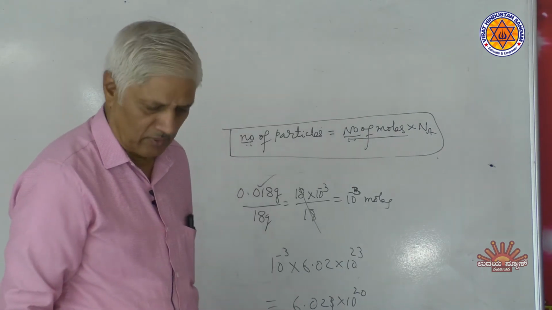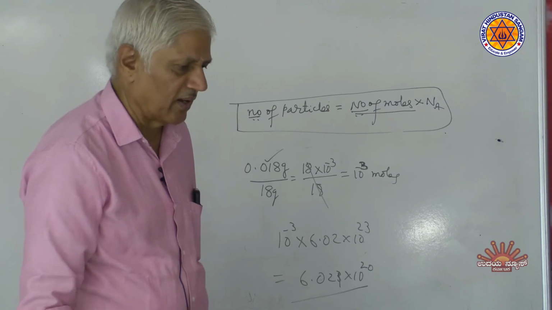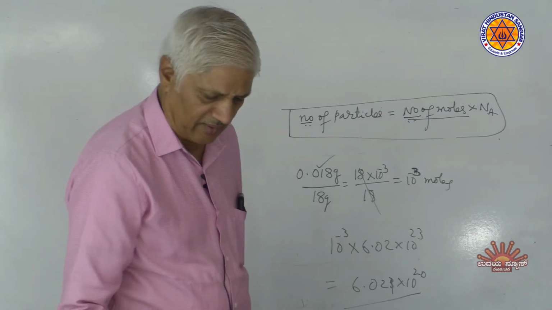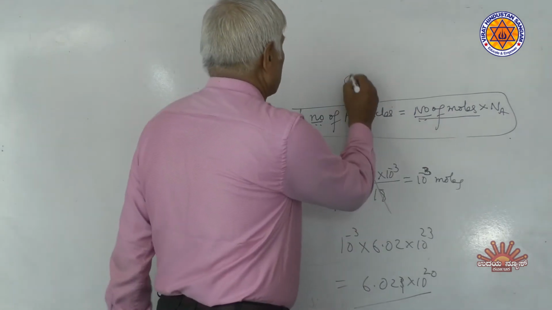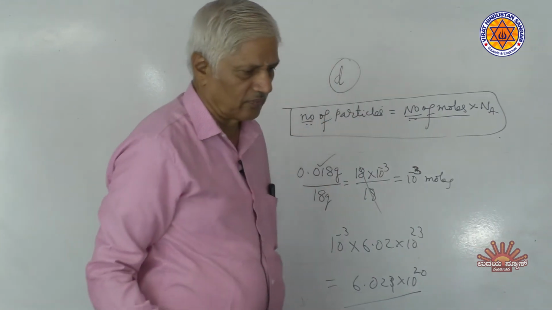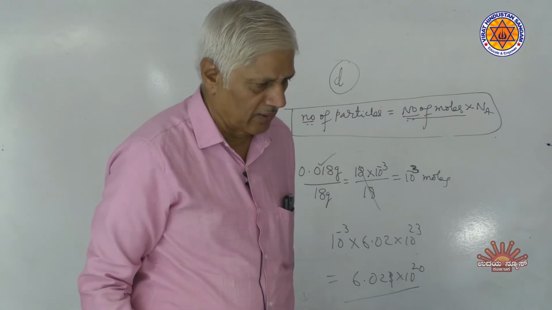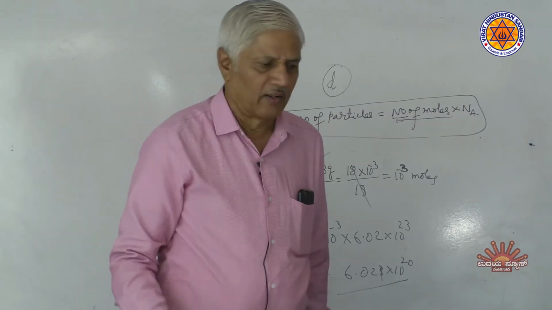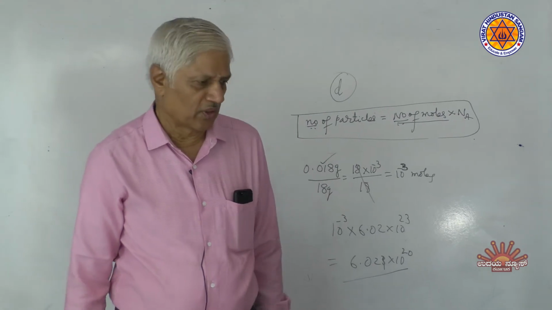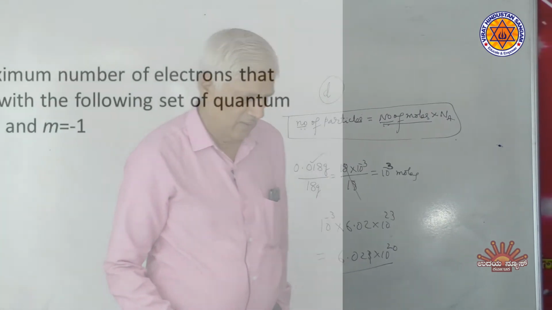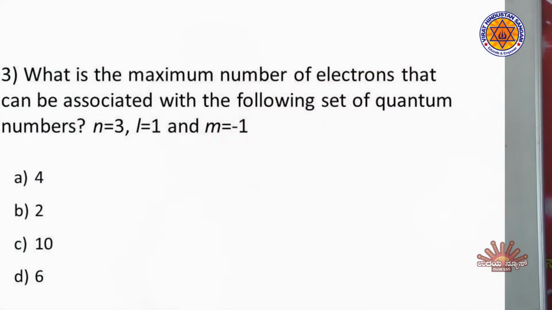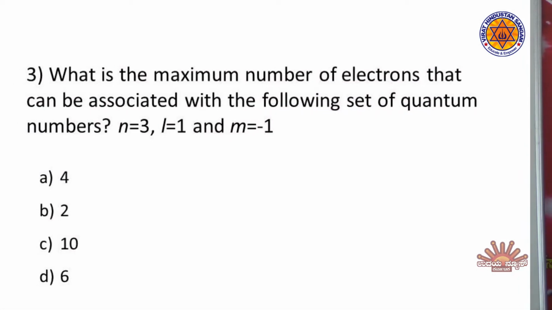So we have given this answer under which option? Option D again. Yes, such questions normally appear in question papers. Question number 3, go through.